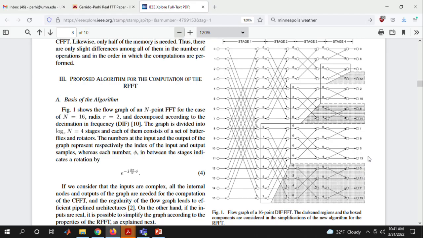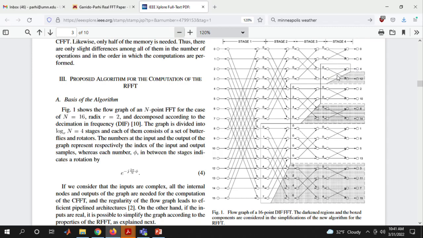So I think the most interesting part of what Mario did was quickly to recognize a pattern that these boxes that you are seeing that are dashed here are redundant coefficients which we can throw out. So I don't need to compute anything. So for example, this x12 we don't need to compute. So that means that butterfly that was computing 4 and 12, I can now use a half complex butterfly.